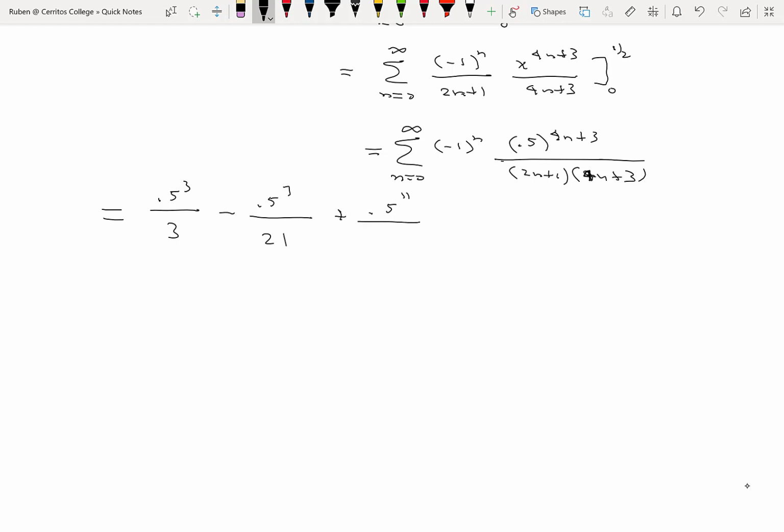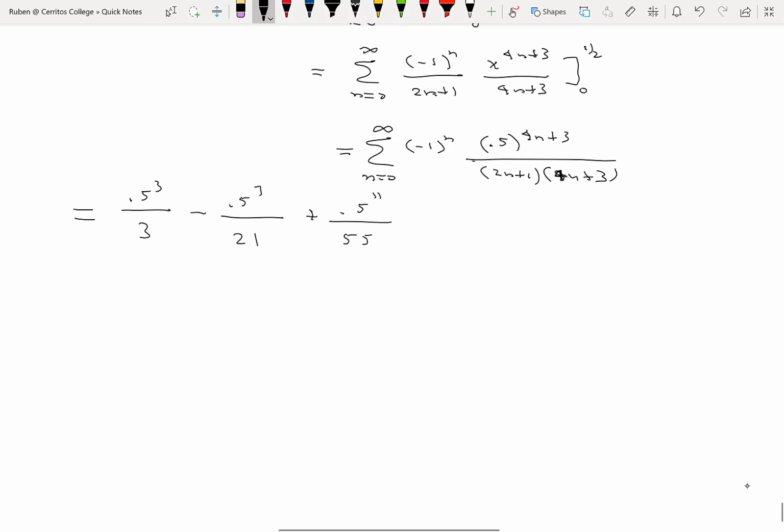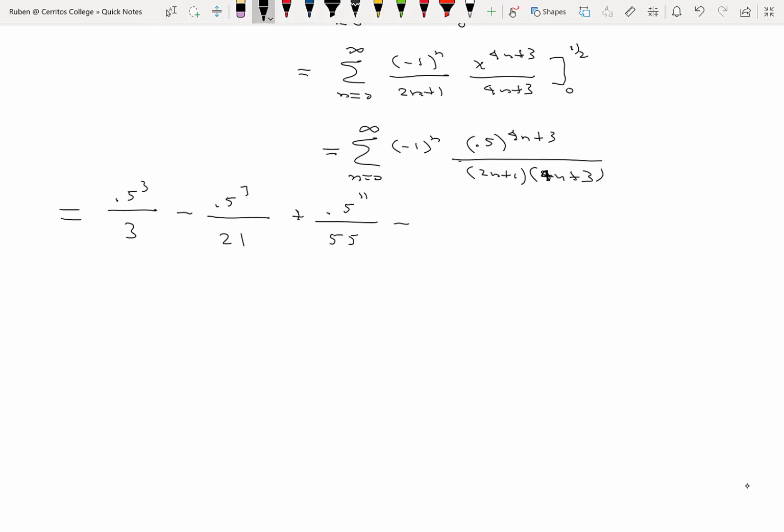I did all these computations off camera. I want to write out a few more terms. We're going to need them. The next term is 0.5 to the 15th over 105. One more term, plus 0.5 to the 19th over 171. And it continues on and on, off to infinity.